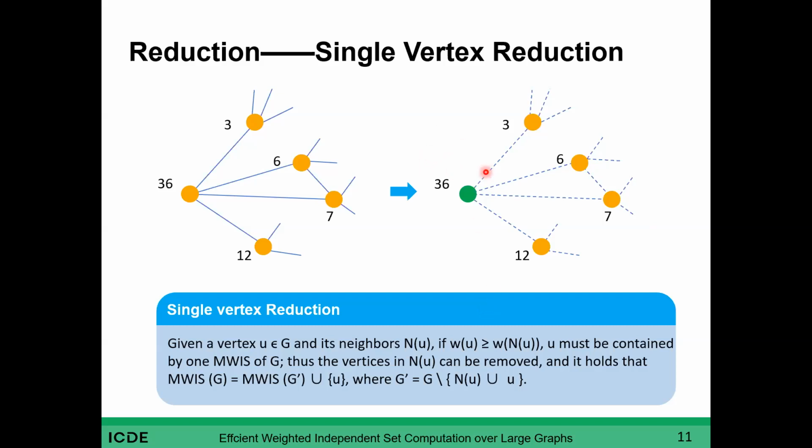As shown by this picture, there's no chance that these orange vertices appear in some solution together, because the green vertex itself can replace them by virtue of its heavier weight, because 3 plus 6 plus 7 plus 12 is smaller than 36.